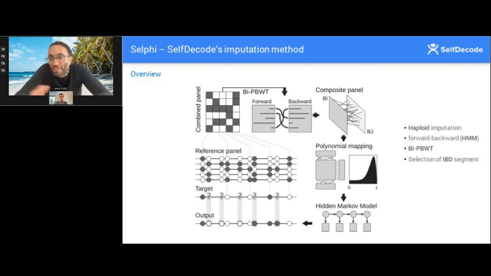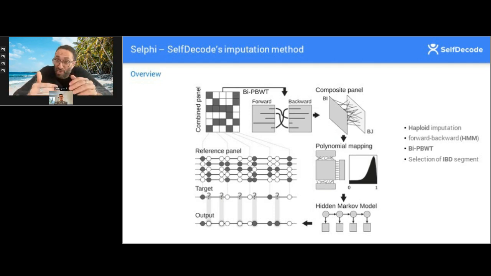Like everything else, it uses the Li-Stephens Markov model. But what we did was slightly different: we did this really cool algorithm called the bidirectional PBWT. PBWT stands for Positional Burrows-Wheeler Transform. Before you start Googling, the best way to think about it is that it's just an efficient algorithm for storing, compressing, and searching genetic data. That's basically what it is.